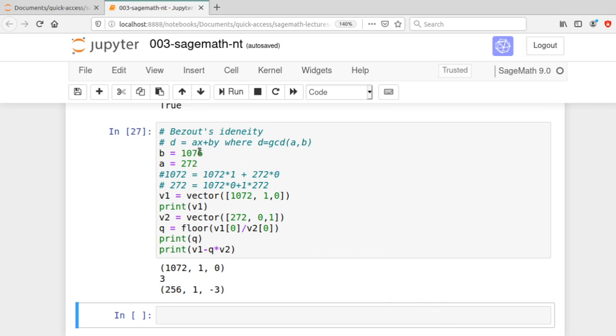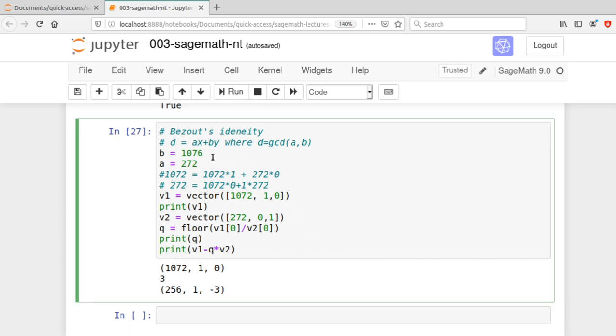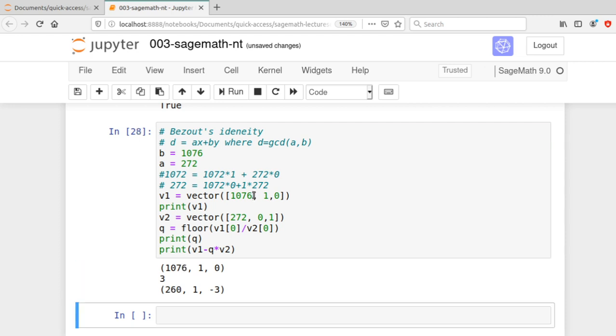Here there is a small mistake. Here we have taken p equal to 107 and here it is 1072. So 76. So we get 260 equal to 1 minus 3.